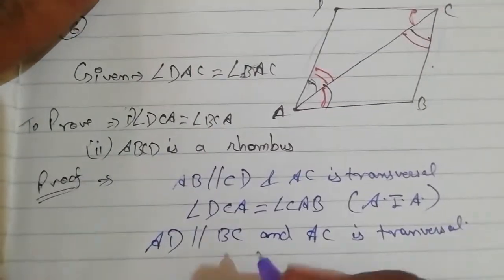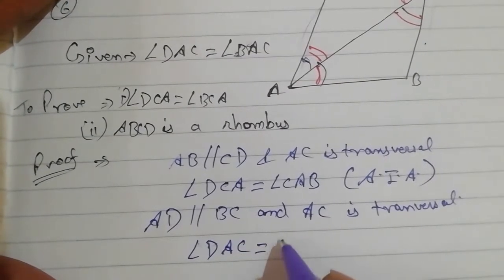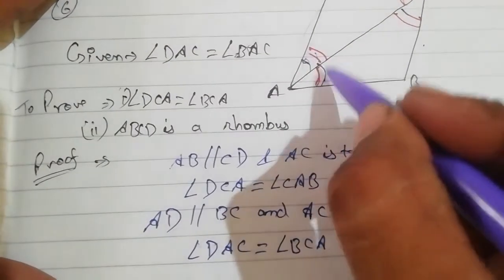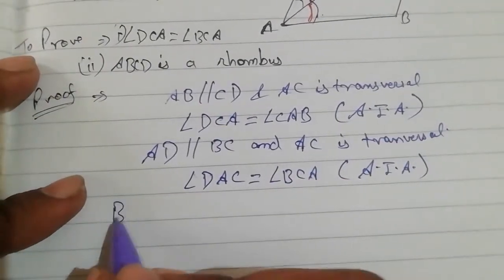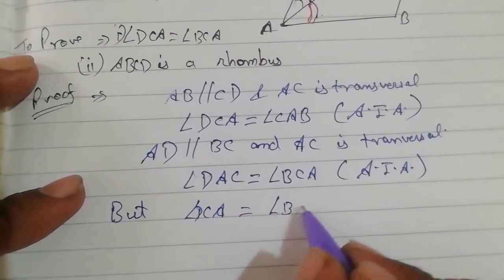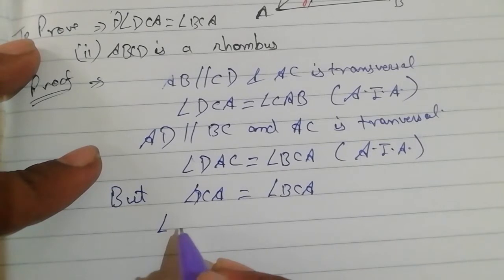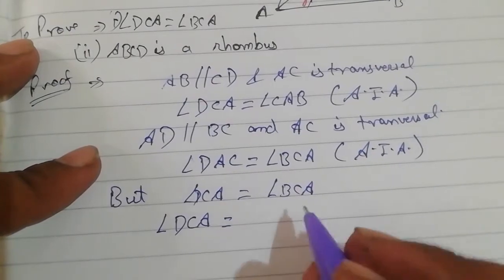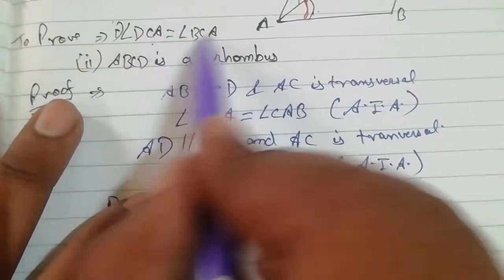So here we have angle DAC is equal to angle BCA. Alternate interior angles, but these two angles are equal, so these two are automatically going to be equal. But we will write here, angle DCA is equal to angle BCA. Here we have made a mistake, we have to prove DCA.